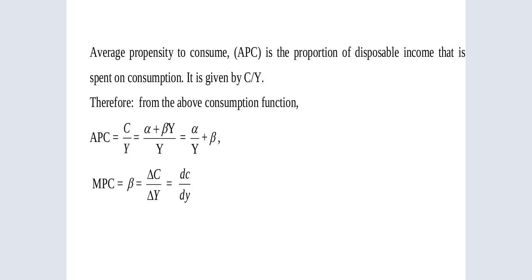We have the average propensity to consume, that is what we refer to as the APC, and the APC is the proportion of disposable income that is spent on consumption. So the APC, or the average propensity to consume, is given by consumption divided by income.